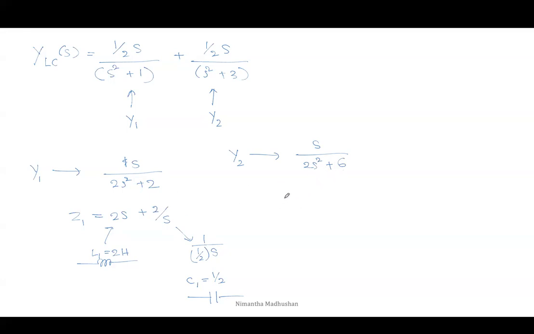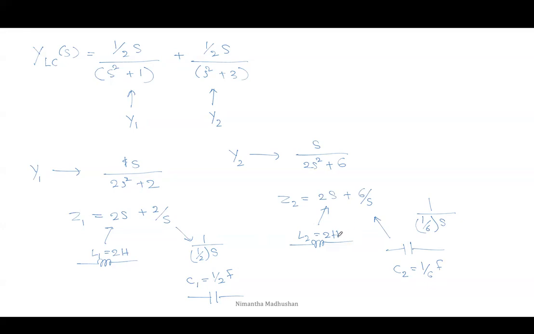Same as the previous one, I consider the reciprocal of this admittance value. I get Z2 is equal to 2s plus 6 over s. Same as the previous one, this is equal to inductor L2, 2 Henry. This is equal to a capacitor, C2, whose value is 1 over 6 Farad. So this one we can rearrange as 1 over 6 times s.